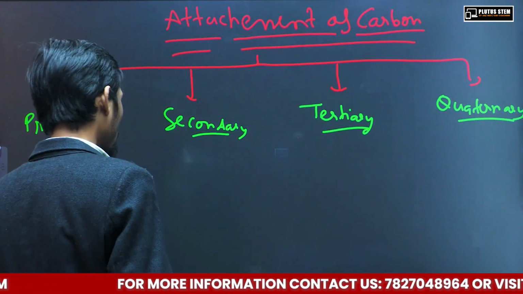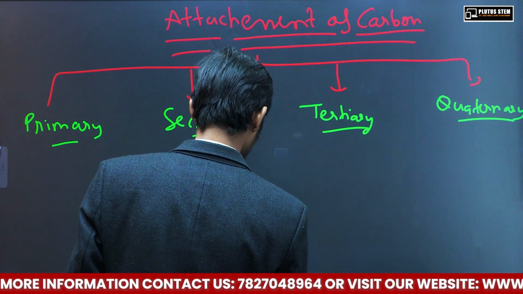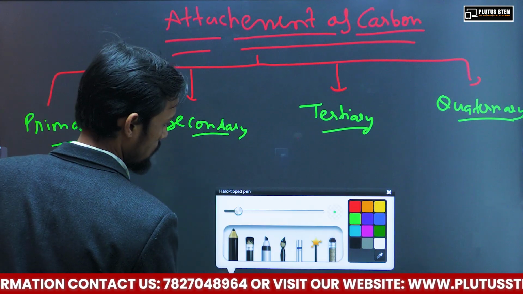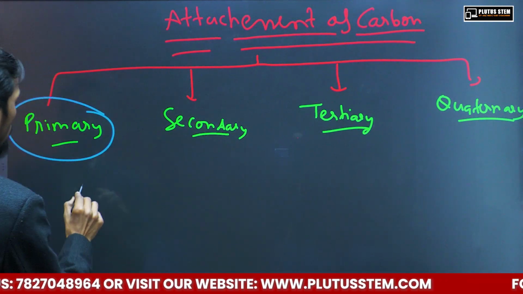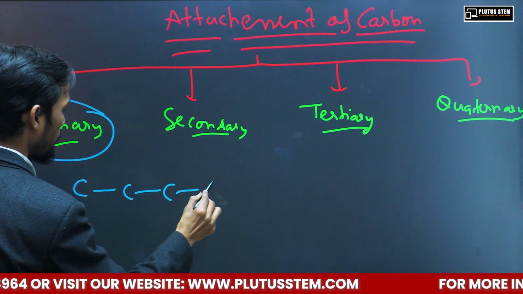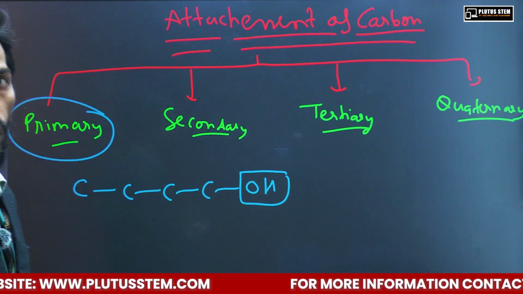Regarding the primary carbon, if this is a functional group, let's say we are talking about alcohol.